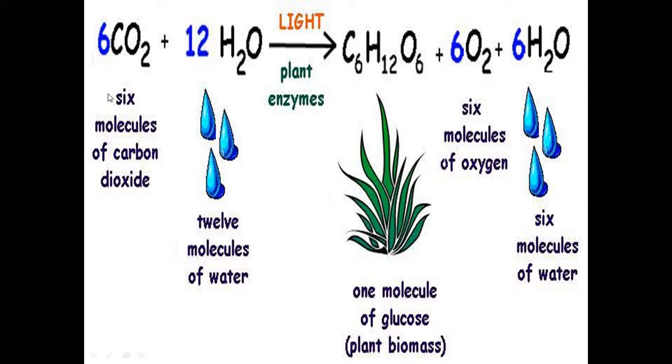As you see here, we have 6 carbon dioxide molecules which react with 12 water molecules in the presence of light, which is the source of energy, to produce new substances: glucose or simple sugar, oxygen and water.